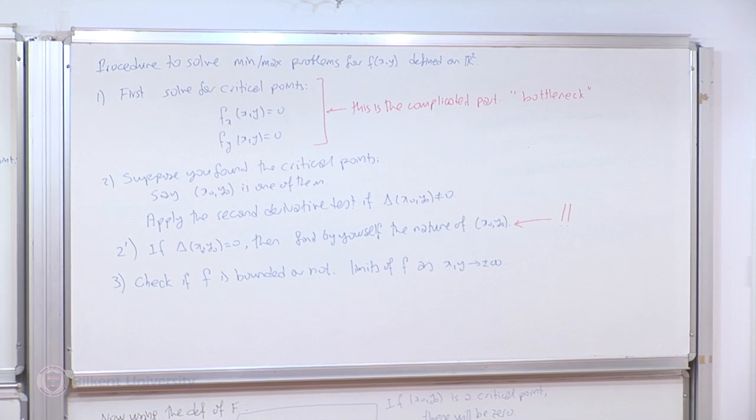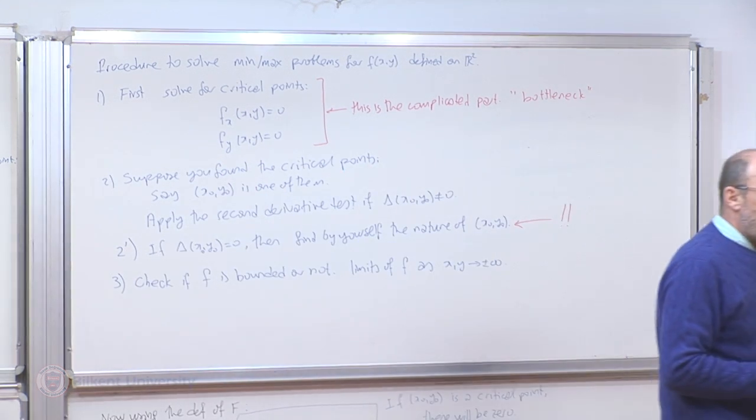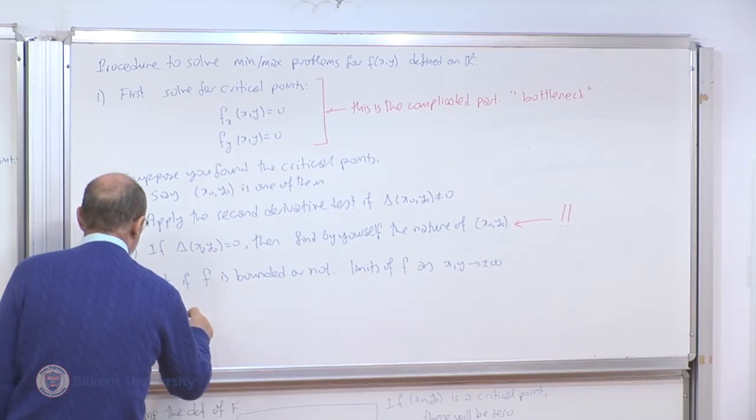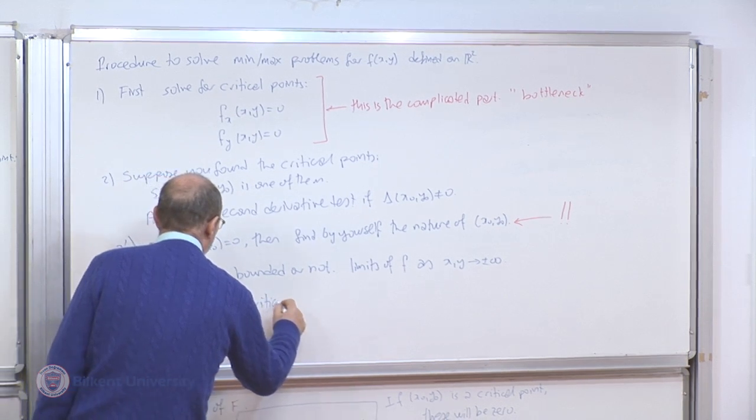At one point, the function has a local minimum. At the other one, the function has a local maximum. Then they are global min and global max. Global min and global max in the book are sometimes denoted as absolute min and absolute max. The definition of this is not local, but the value of the function there is larger than the value of the function everywhere else.